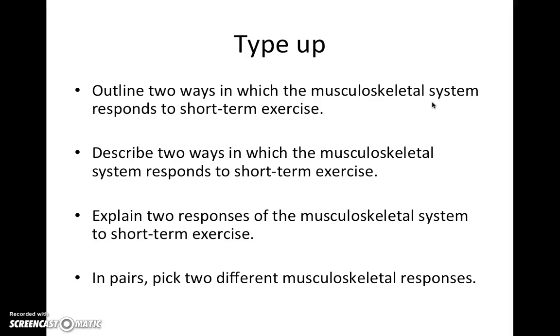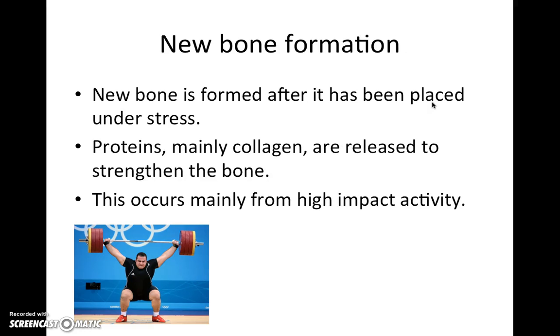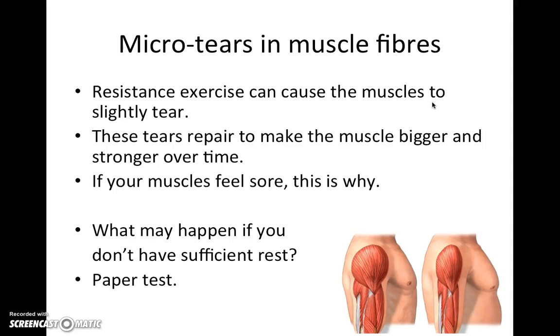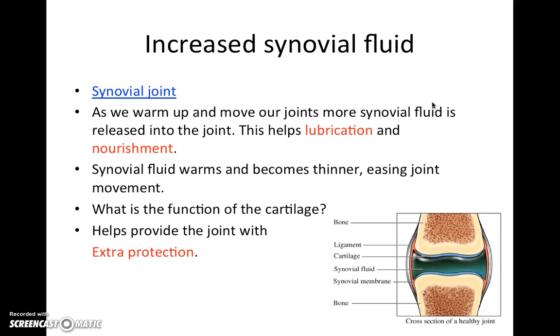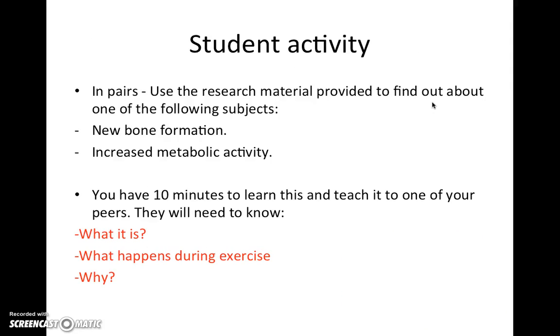And I want you to type up the 4 points I've got here. So outline 2 ways in which the musculoskeletal system responds to short-term exercise. You can either look at increased metabolic activity, new bone formation, micro tears in muscle fibres, increased range of movement in the joints, and increased synovial fluid.